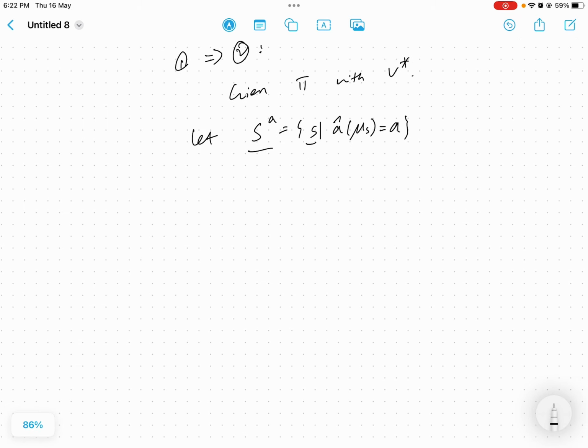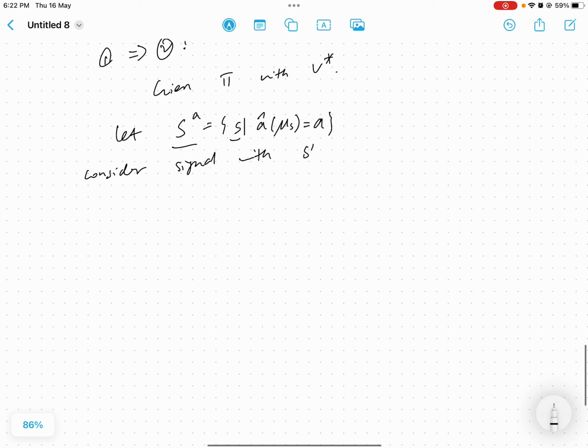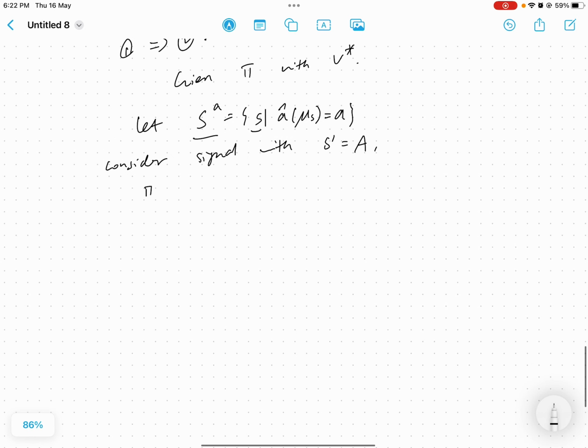So now we consider a signal, with the signal realization set being the action set, okay? And how about the pi?